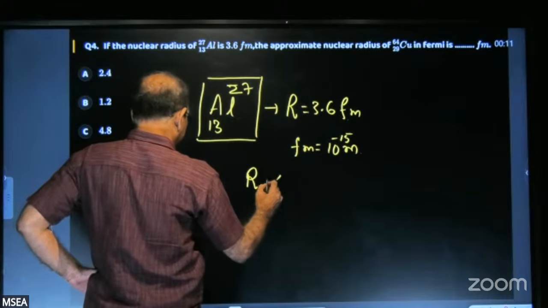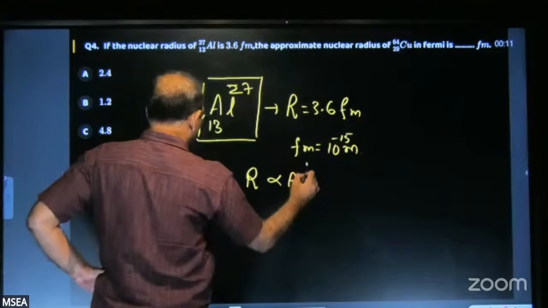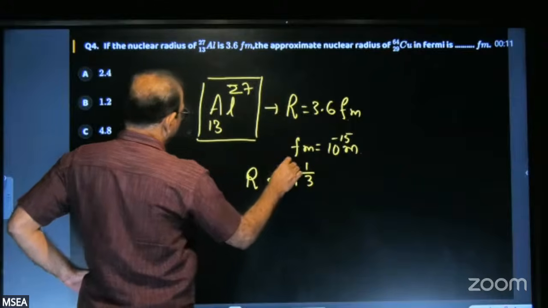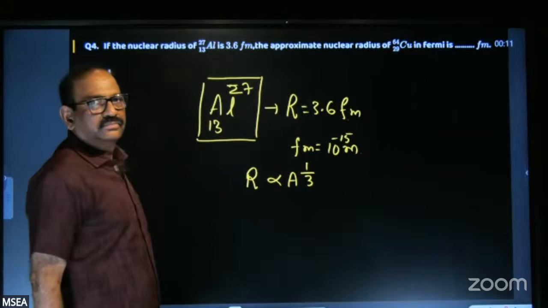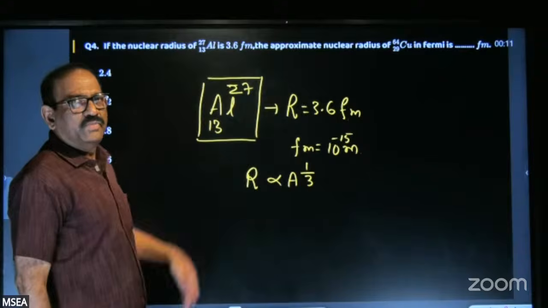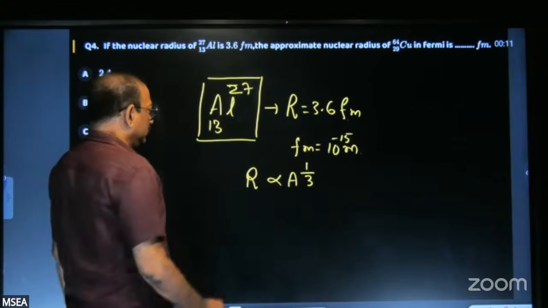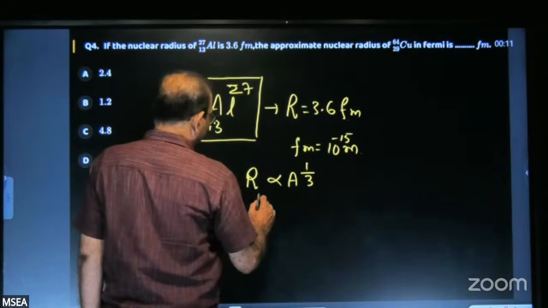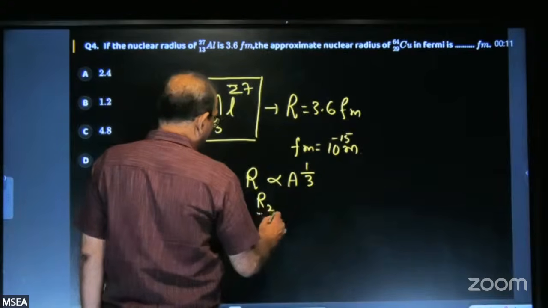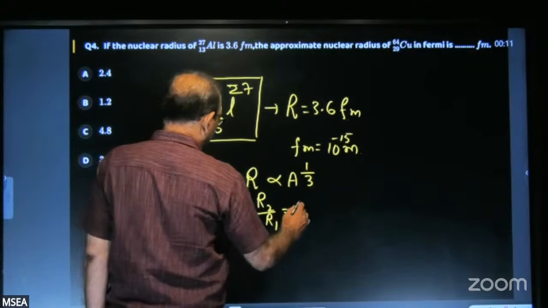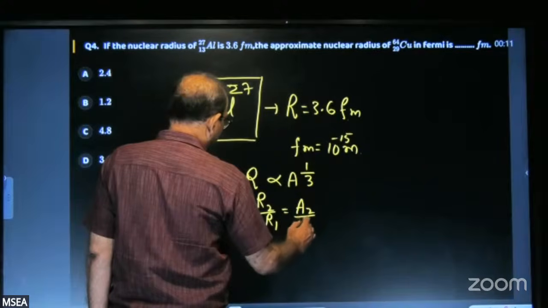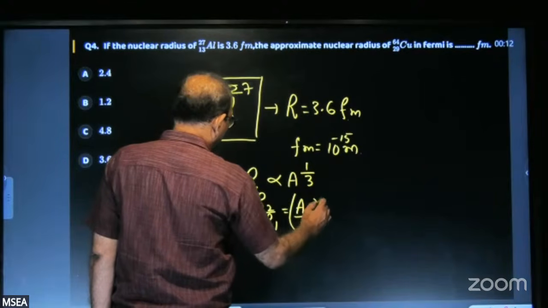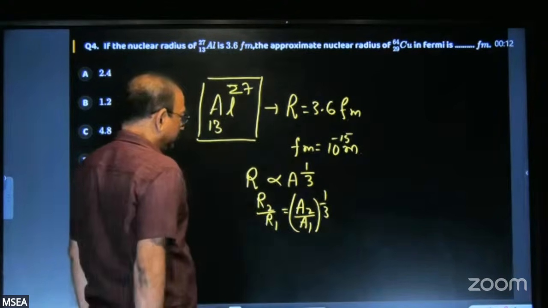The radius of a nucleus is directly proportional to A power 1 by 3. Just a few minutes back, I told you. Then R2 by R1 equals A2 by A1 whole power 1 by 3.